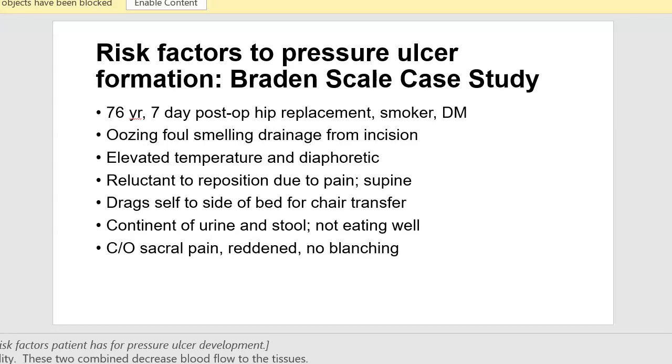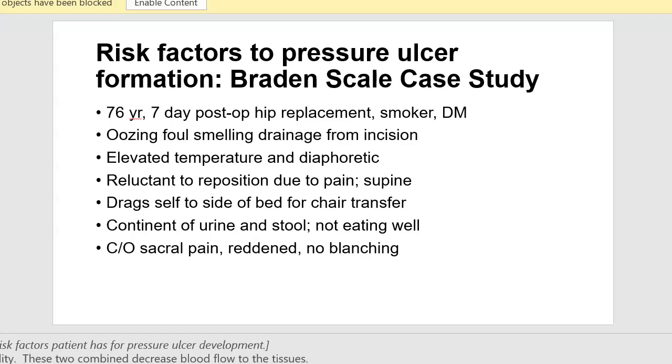So if we look at the Braden scale, you can pull that up on your Moodle. He has sensory perception, which seems fine. He does have moisture on his skin because he is diaphoretic. So that score is a 1. His activity is a 2. He has had a hip replacement. He can't bear weight.